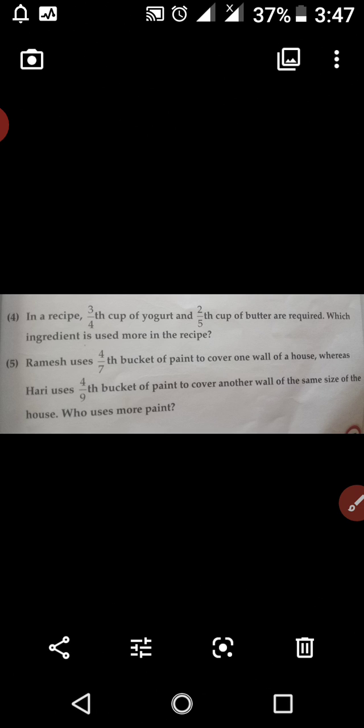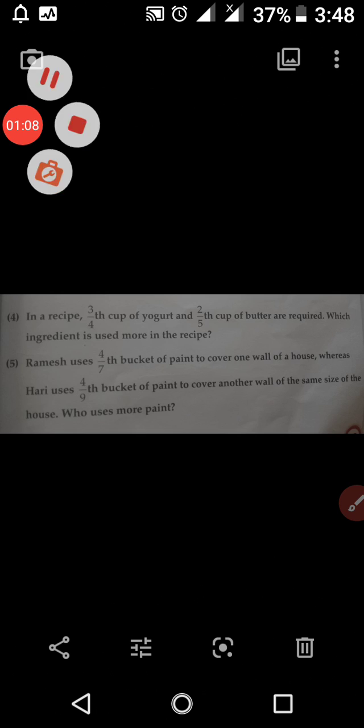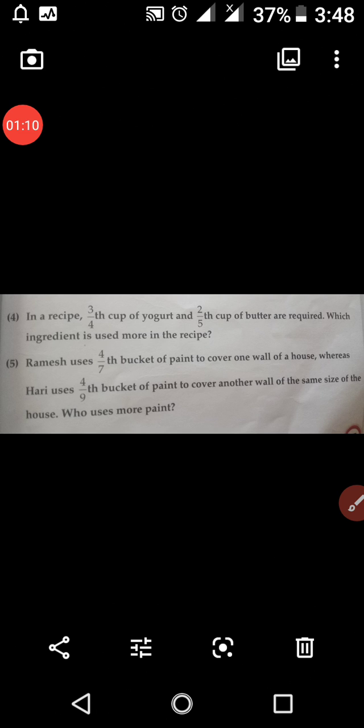But if you see, 3/4 and 2/5 both have different denominators. These are examples of unlike fractions. We know how to compare unlike fractions. First of all, convert them into like fractions by using the LCM method. Then compare the numerators. Let us start the process. What are the quantities given here?